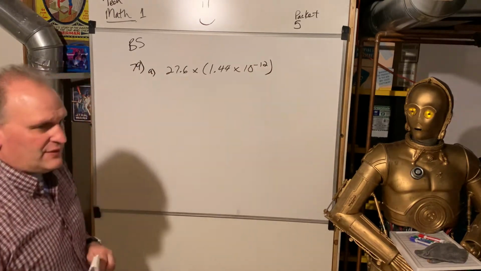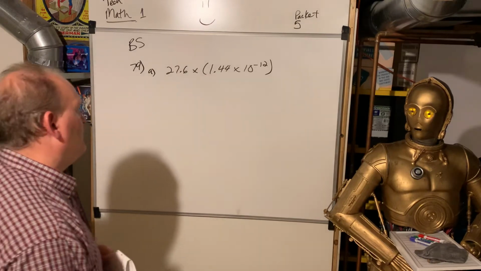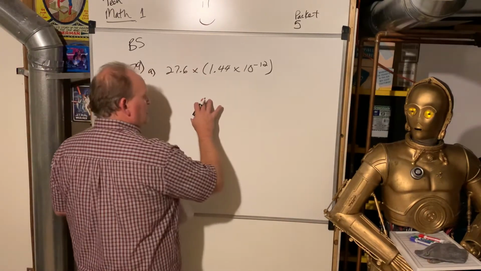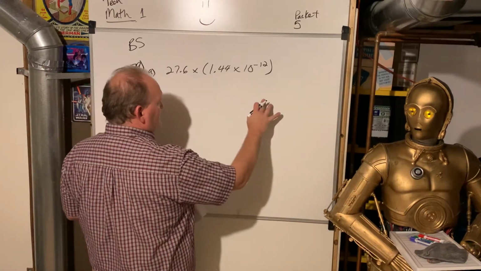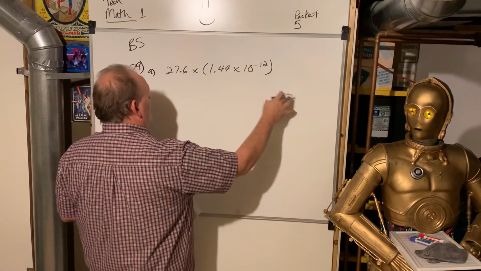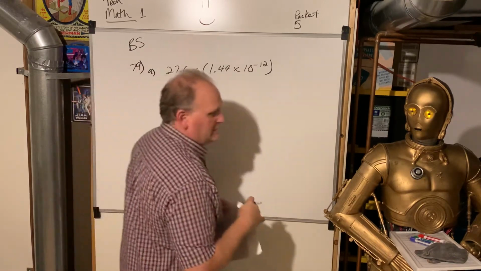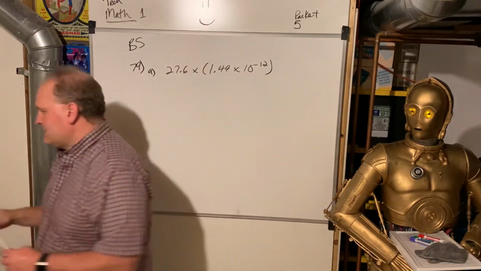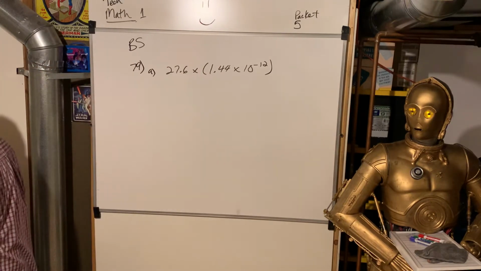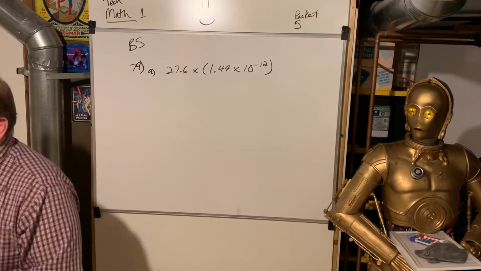We could convert that to standard form where we go decimal and then count out 11 zeros and then 144. And then take that times 27.6. But the object is to not do that. Let's make our calculator do all the grunt work.